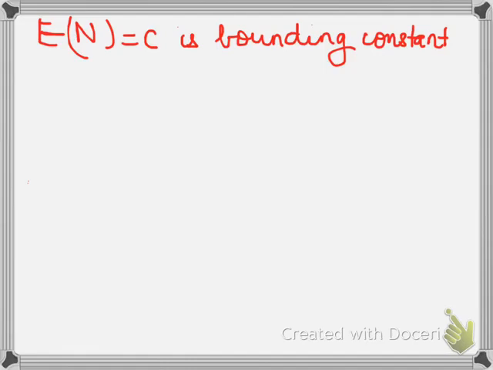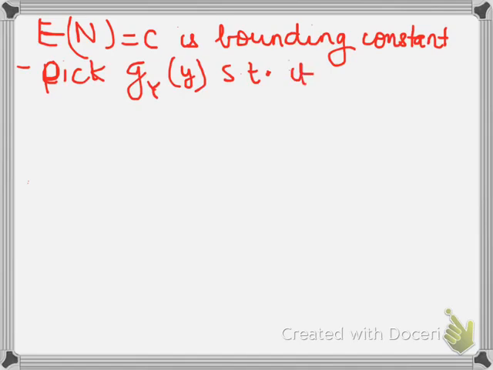And we can now indeed see that it is desirable to choose our alternate density g so as to minimize this constant. So you want to pick g(y) such that it minimizes c.